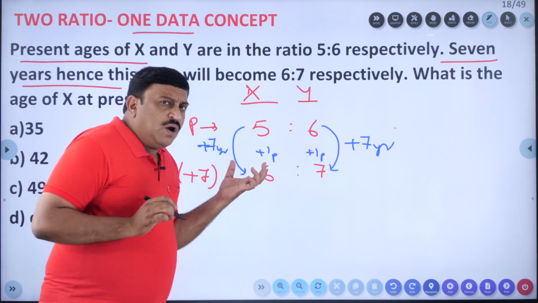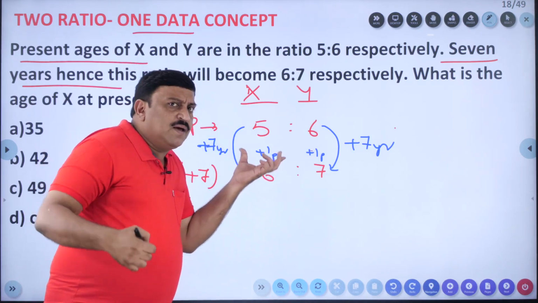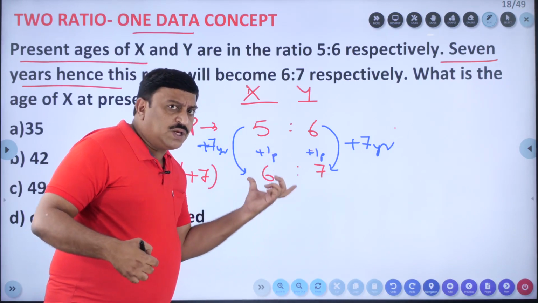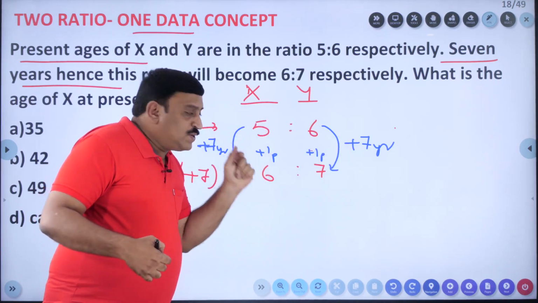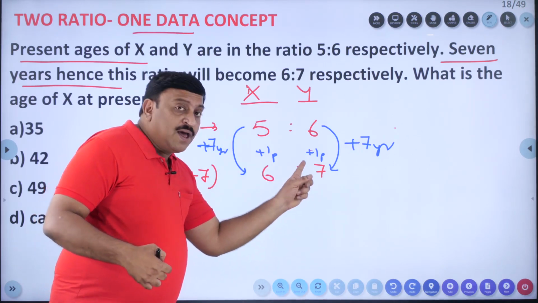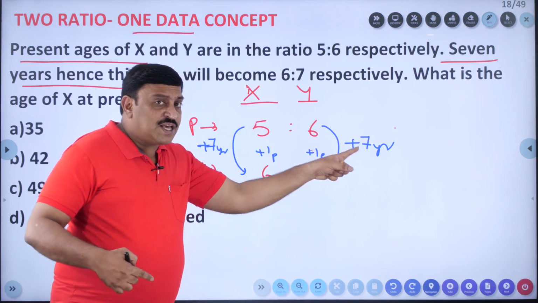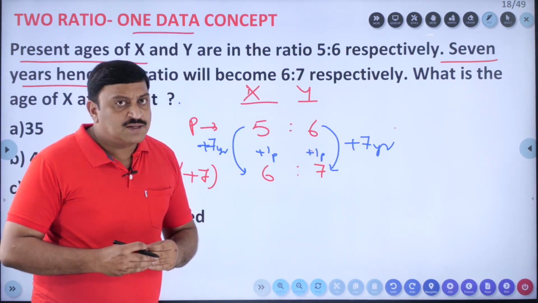So, are we getting any logic behind this one? That means one part in the ratio is equivalent to 7 years. So can I form a logic now, that one part of the ratio is equivalent to 7 years? Obvious, is it not?